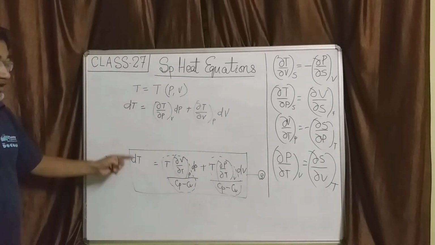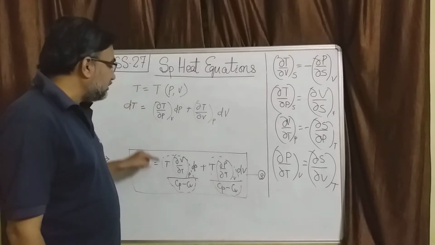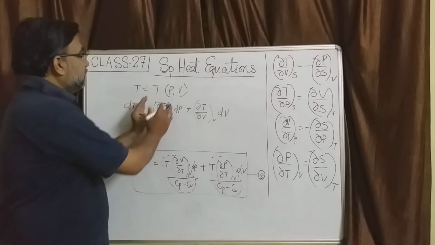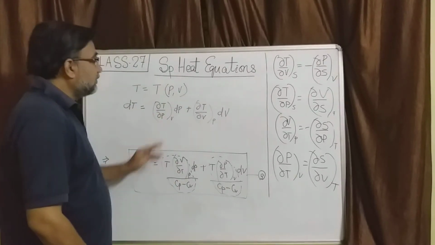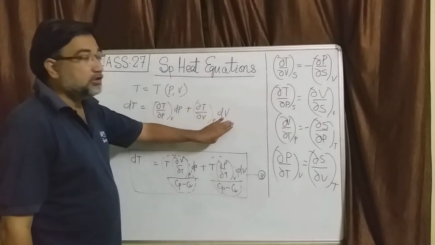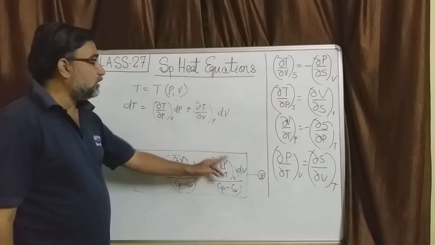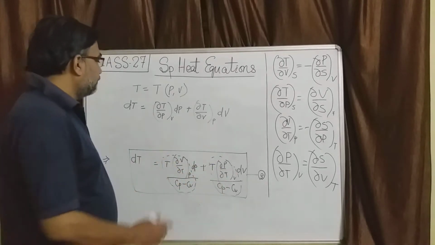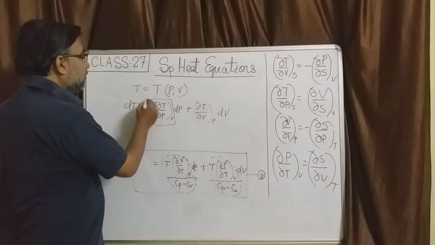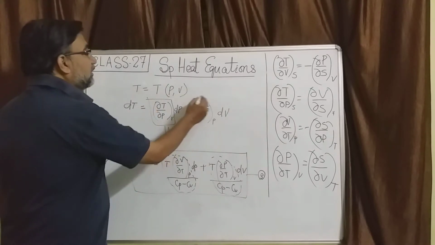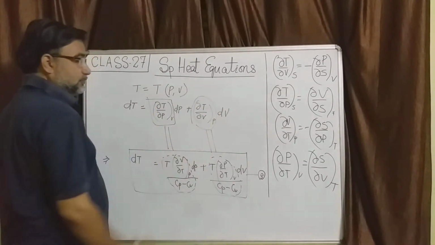Now look at this equation and this equation. Here there is a term with dP plus there is another term with dV. Here one term with dP plus one term with dV. So this term is equal to this and this term is equal to this.